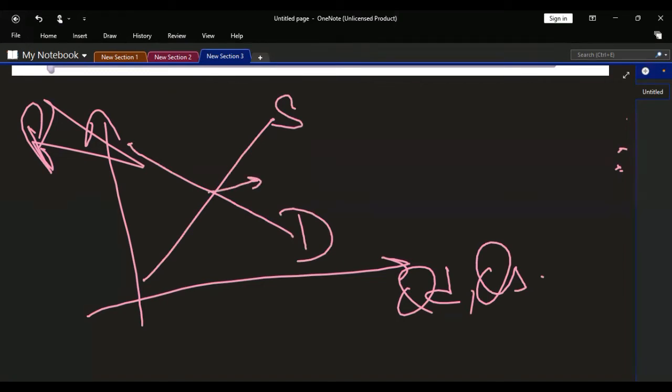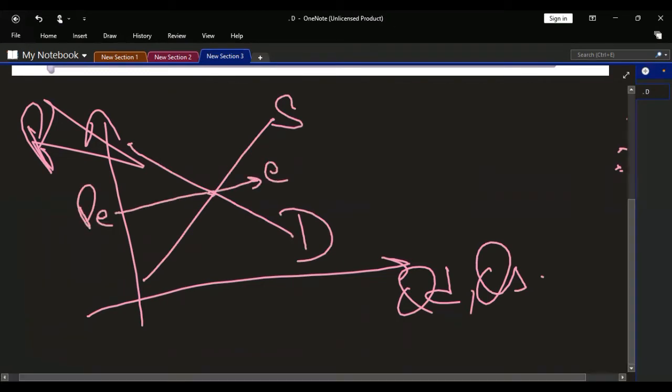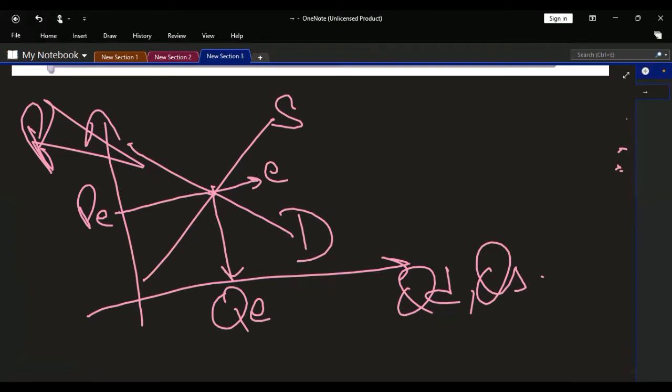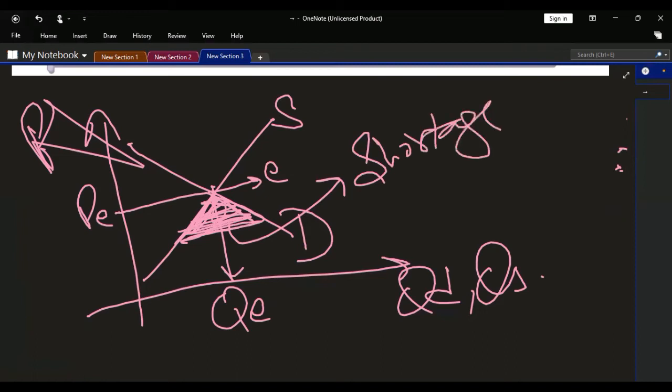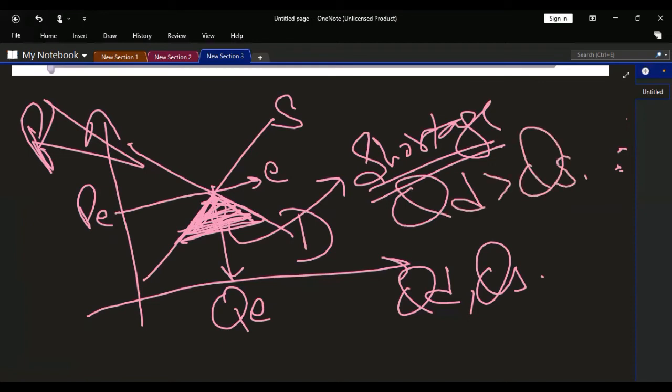This point is the equilibrium point and such price is the equilibrium price and such quantity is the equilibrium quantity. If there is a shortage in the market, shortage means quantity demanded is greater than quantity supplied.